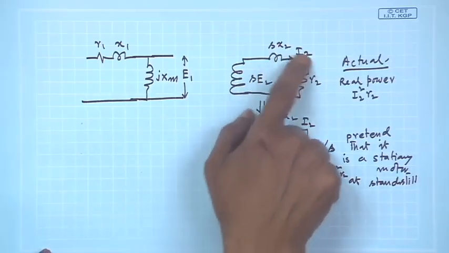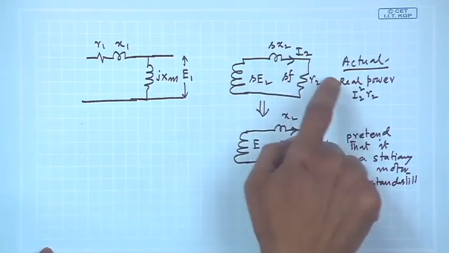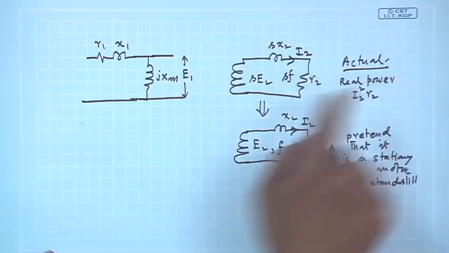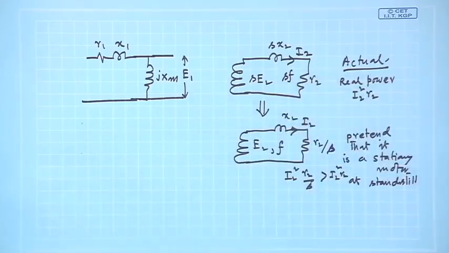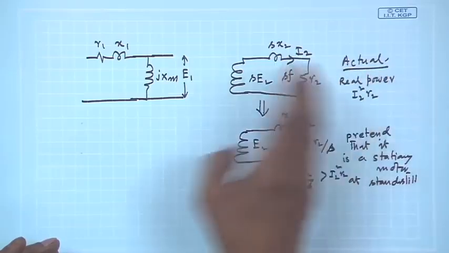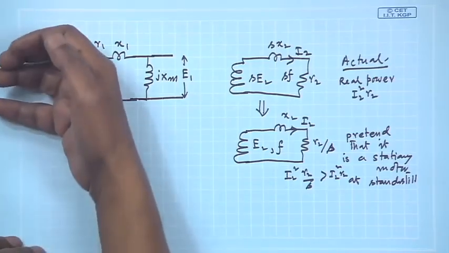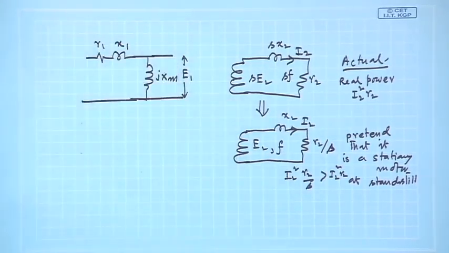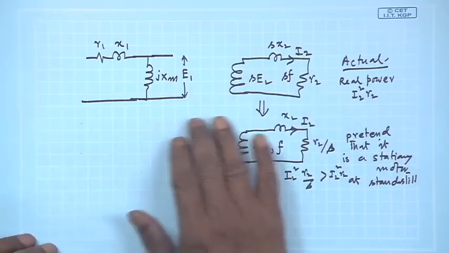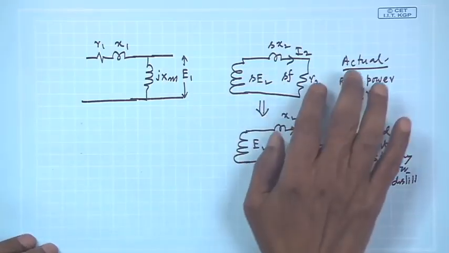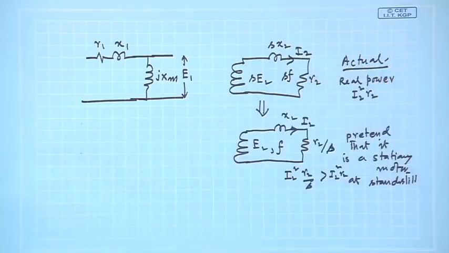It is not only this electrical power, but also the mechanical power, which is T opposing into 2 pi n r; these two together are supplied. Therefore, the primary will draw the sum of those two powers, and it does so because there is mechanical torque present.